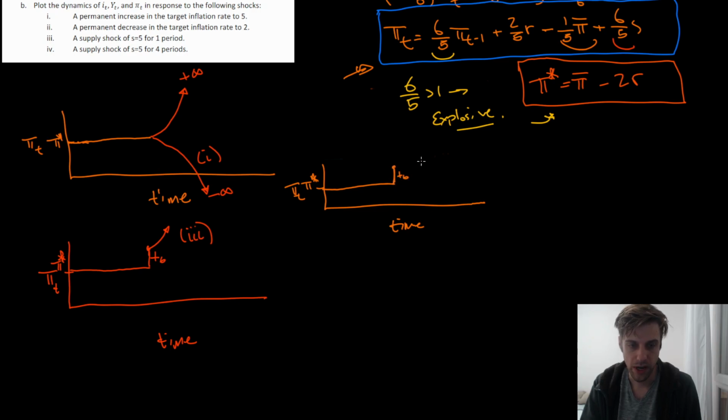Okay, plus 6. Now we're going to have another plus 6 plus 6/5 pi t, right? This isn't 0 anymore, so it's going to be even bigger. And then the next one's going to be even bigger and then even bigger. So it's still diverging to infinity, but we're getting these additional bumps to help it along the way for 4 more periods. 1, 2, 3, 4.